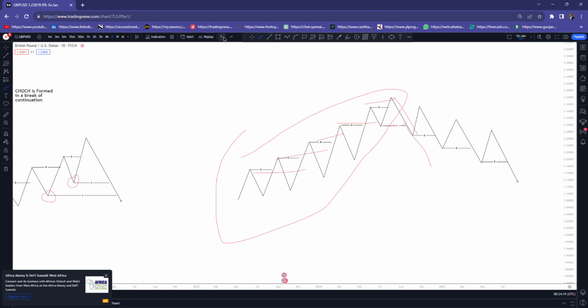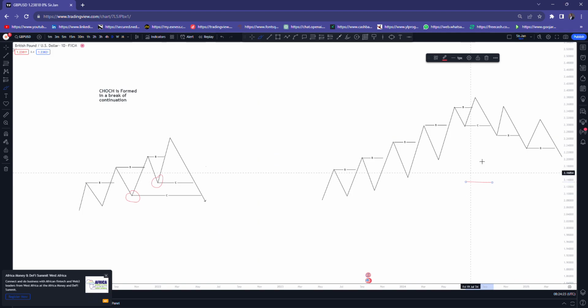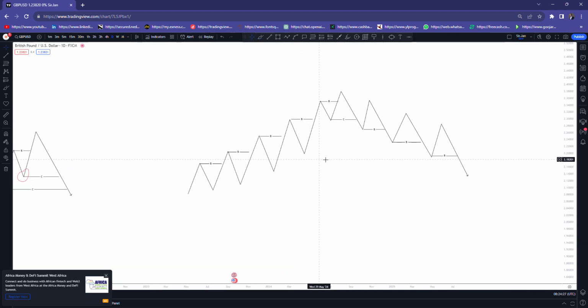But in this case, price turned here and went to the upside. Let me actually do this. Price turned from here and went to the upside, then continued to the downside.